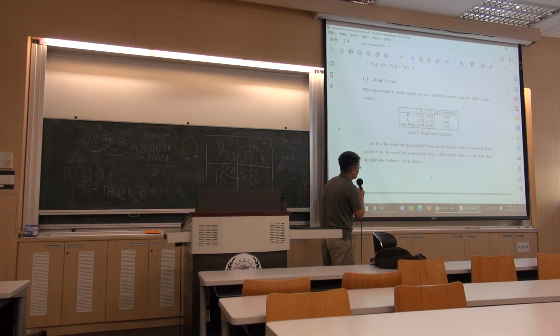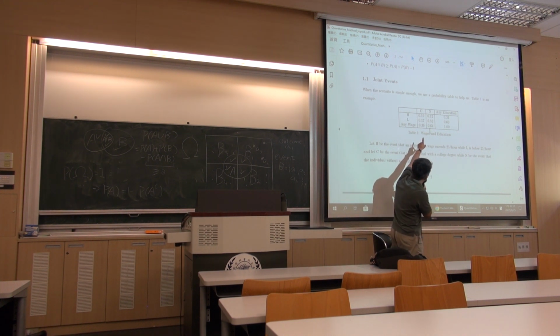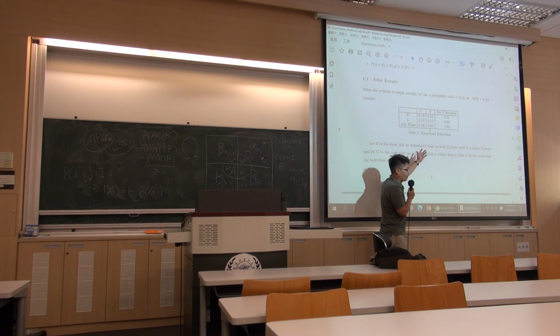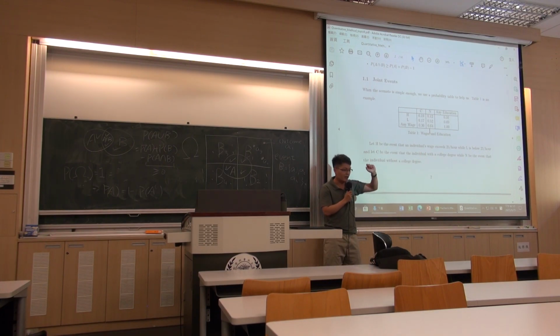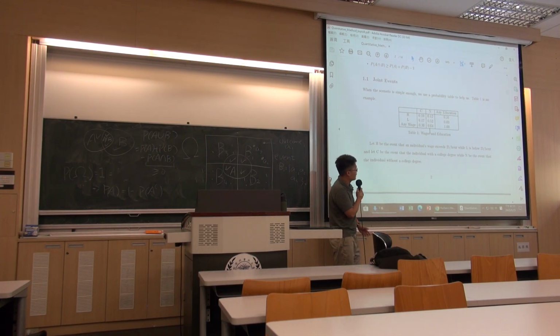Okay, and we can draw this table to note the distribution of each subgroup. For example, the 0.19 there represents the probability that I randomly draw a person who has a college degree and at the same time earns a higher hourly wage.